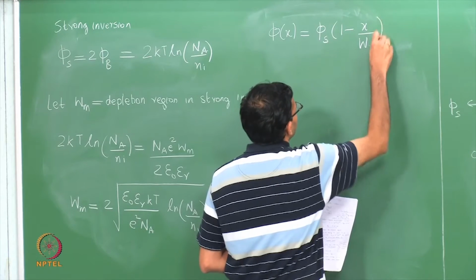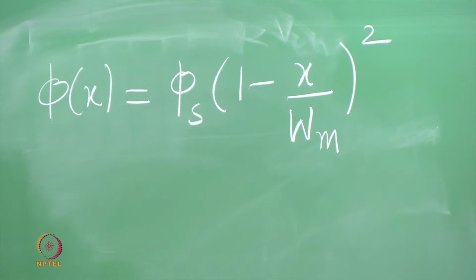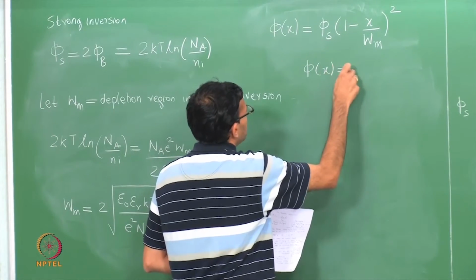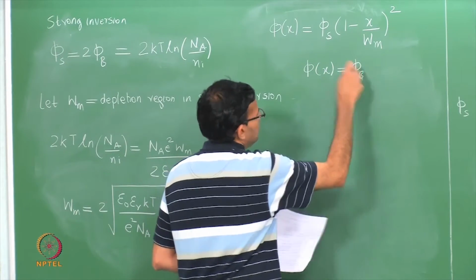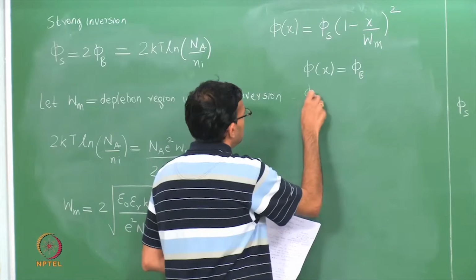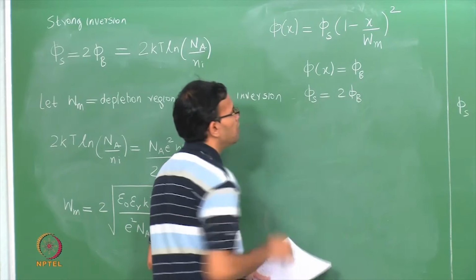So, I will put Wm squared. We will define the inversion region as where psi of x is equal to psi b. Remember, the surface potential is 2 times psi b.